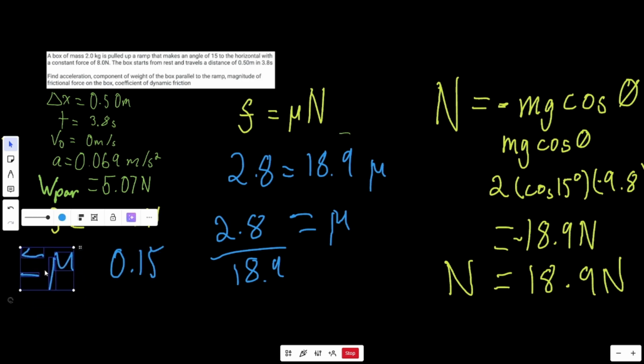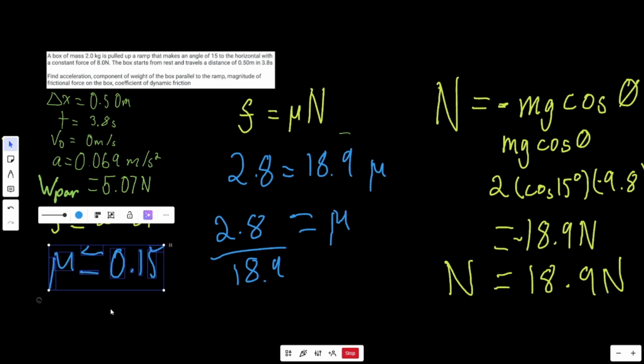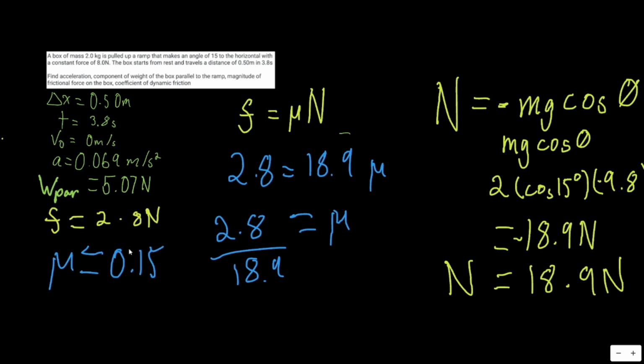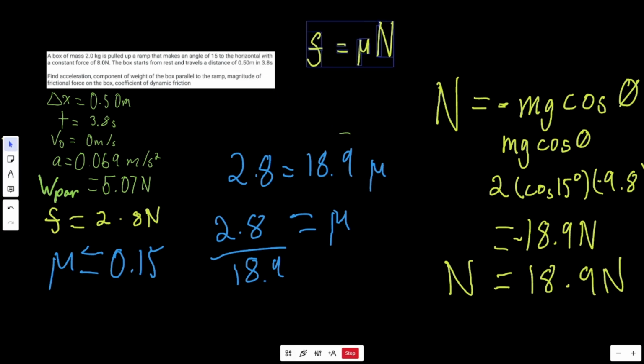And the coefficient of dynamic friction is actually one of the most important formulas to remember, especially in high school level physics, because this is supposedly one of the easier portions to get once you've solved for everything else. So it would really be a shame if you were able to solve for everything but then forgot about this. So if you want to remember the formula, it's just this.